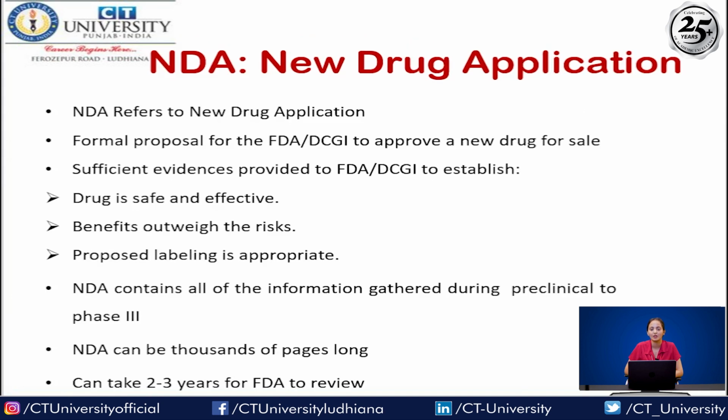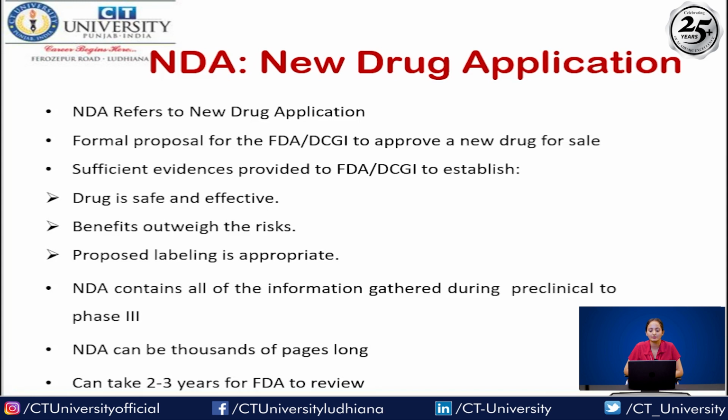Next is NDA, new drug application. After the approval of your phase 1, phase 2 and phase 3, we have to file for NDA, new drug application. The new drug application is the formal proposal to the FDA, Food and Drug Administration, and the DCGI, Drug Controller General of India, to approve your new drug for sale.